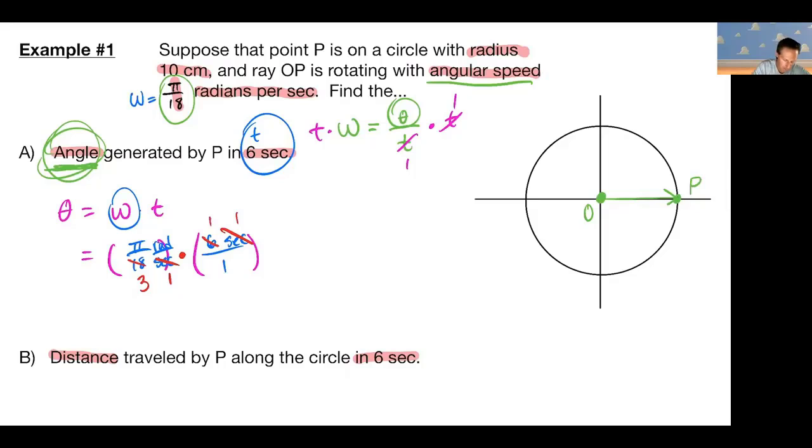So we end up with an answer for theta of pi on top, a bunch of ones, and 3 on bottom with a bunch of ones. And if you wanted to put a unit measurement, you could put radians, but remember, it's not necessary. So our answer is simply pi over 3 radians.